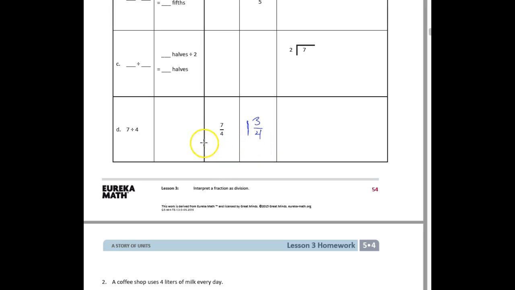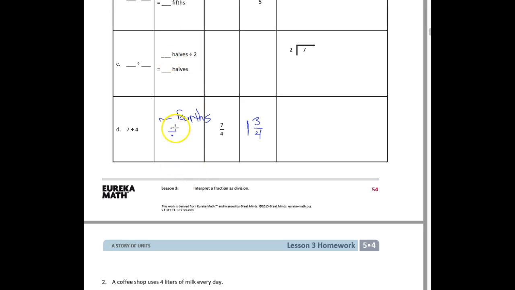And so when we look at this and we think about the other thing that they had done, if we're going to say how many fourths would that be? So we can have that line and we're saying fourths divided by, what are we dividing by? They're saying halves divided by 2.